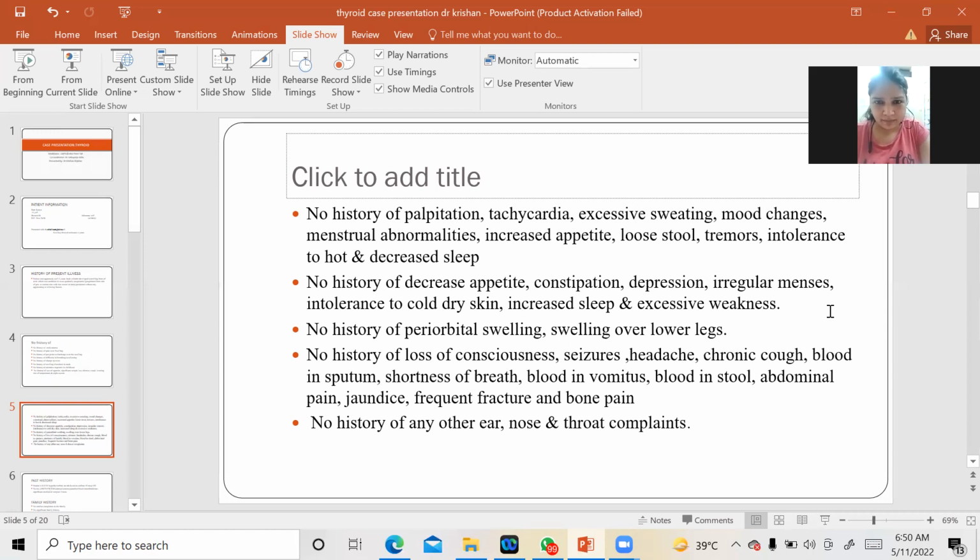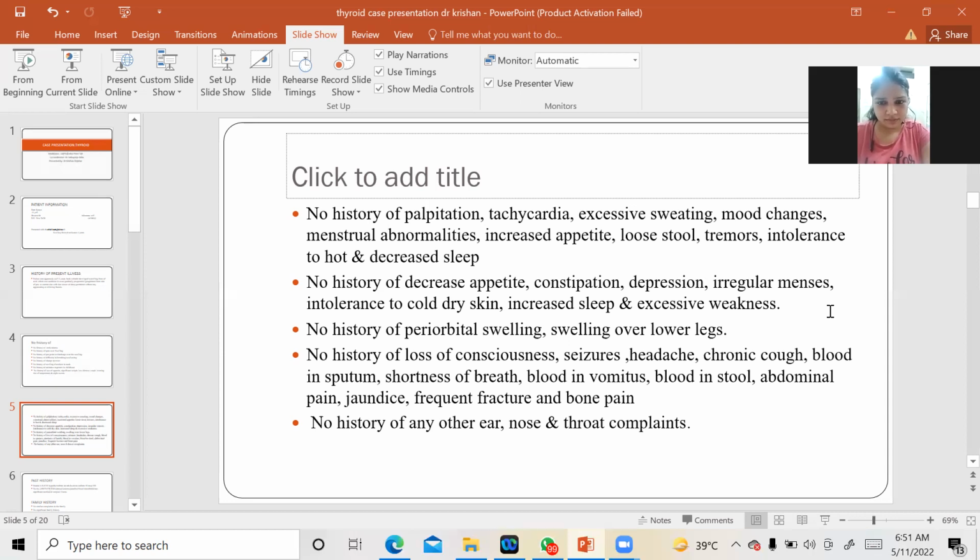If we write no history of any symptoms suggestive of hyper or hypothyroidism, it also becomes vague. Then they will ask us questions: what all history have you elicited, what all history we have taken. So it has both pros as well as cons, but I will suggest our viewers to write this individually. Especially in first year of post graduation, you should try to write each and every symptom of hyper and hypothyroidism.